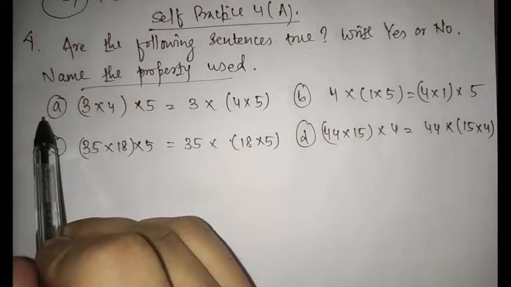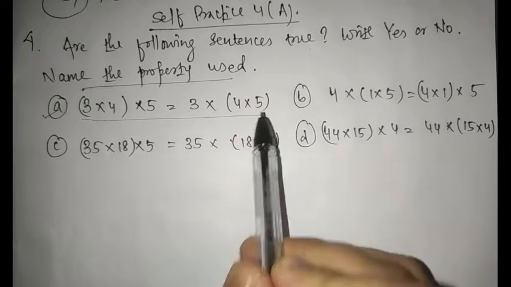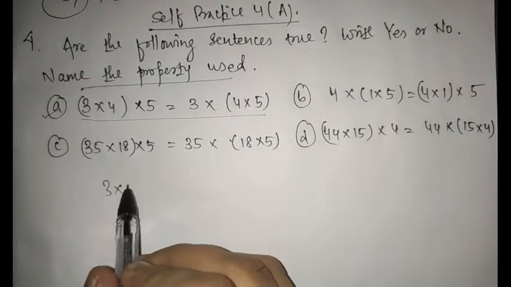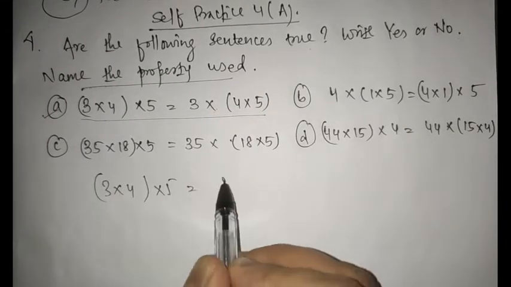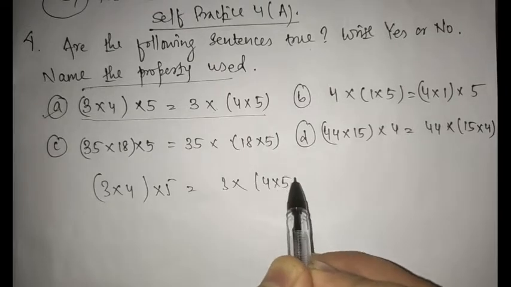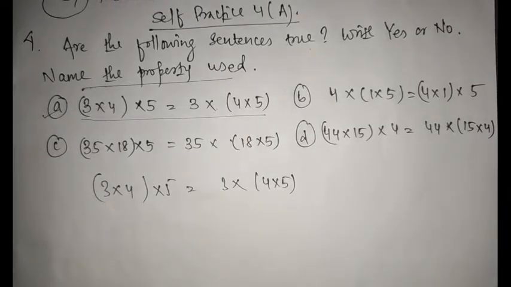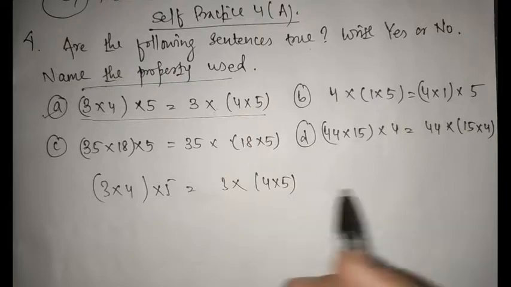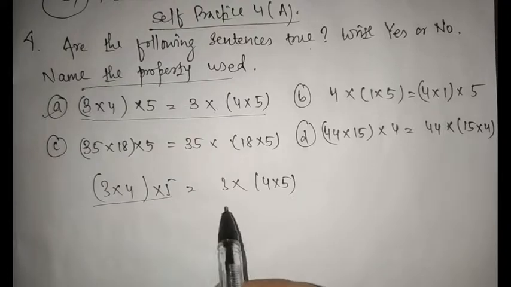So consider number A: 3 into 4 into 5 is equal to 3 into 4 into 5. Of the properties we have discussed till now, multiplication with 0, multiplication with 1, and the order or commutative property are not applicable in this case, because here there are more than 2 numbers.